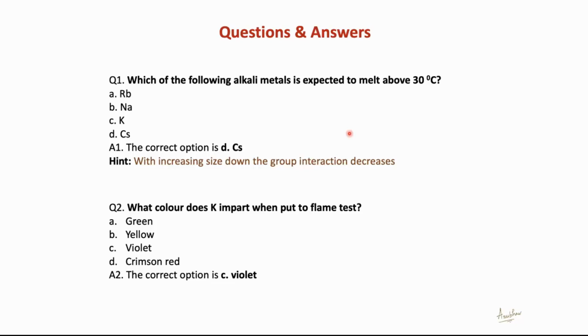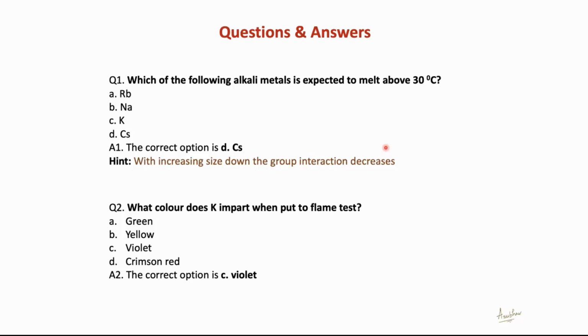The other liquid metals present in our universe are mercury and gallium. For your information, cesium has a melting point of only 28.5 degrees Celsius, so above this temperature, it will melt.